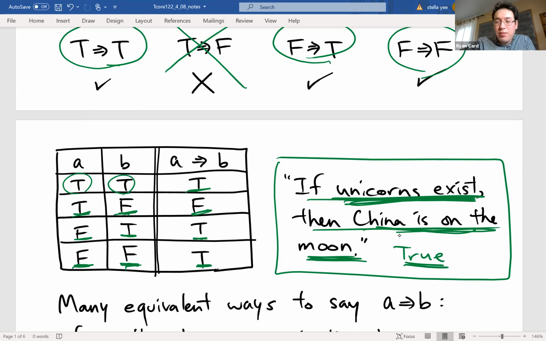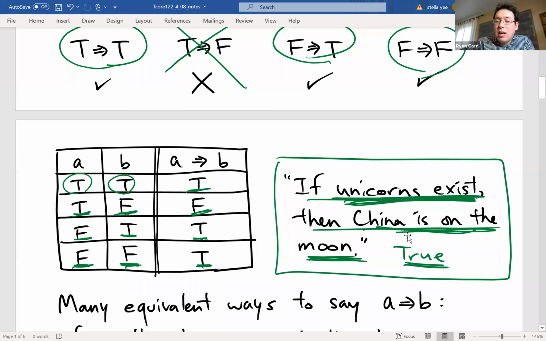If this kind of bothers you a bit, it might come from the fact that when we usually say if-and-then statements or conditionals, usually you want the two to have a relationship, one to be caused by the other one.